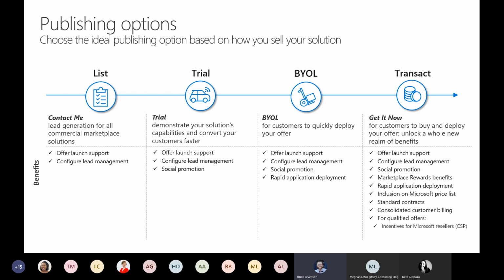I have a whole bunch of firewalls deployed, and I want to move to the cloud. I want to move to Azure, but I have a lot of investment in my on-premises software and infrastructure. With a bring your own license offer type, it makes it possible for the customer to deploy your software in the cloud and then bring that same license, maintain their investment, carry that forward.